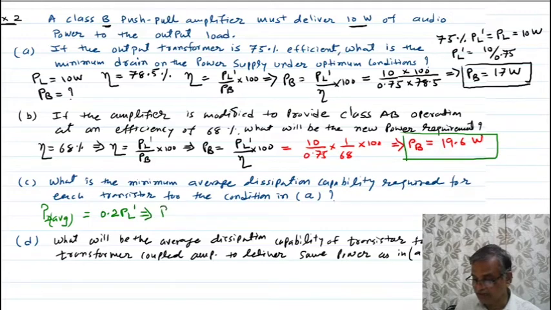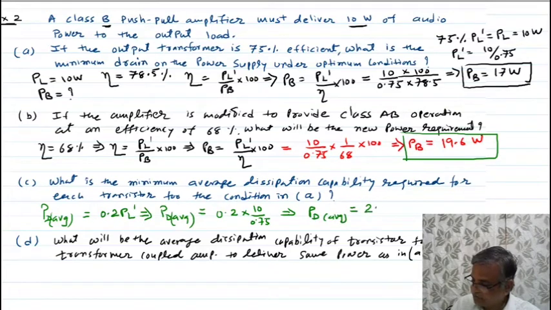So you know this equation, the average power dissipation capability of each transistor in a class B is given by 0.2 PL dash. 0.2 into PL dash, which is 10 upon 0.75. So from this you can calculate, it is nothing but 2.7 watt.